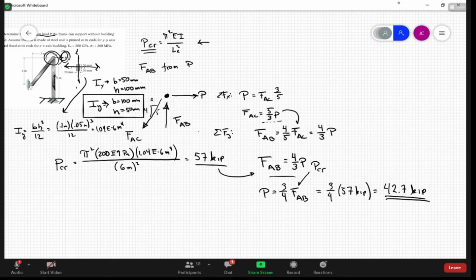So usually we don't design to buckling, except if you have some really exceptional cases, right? Most of the time, the way we do this sort of stuff is you're going to design your structure for axial loading, torsional loading, bending, right?